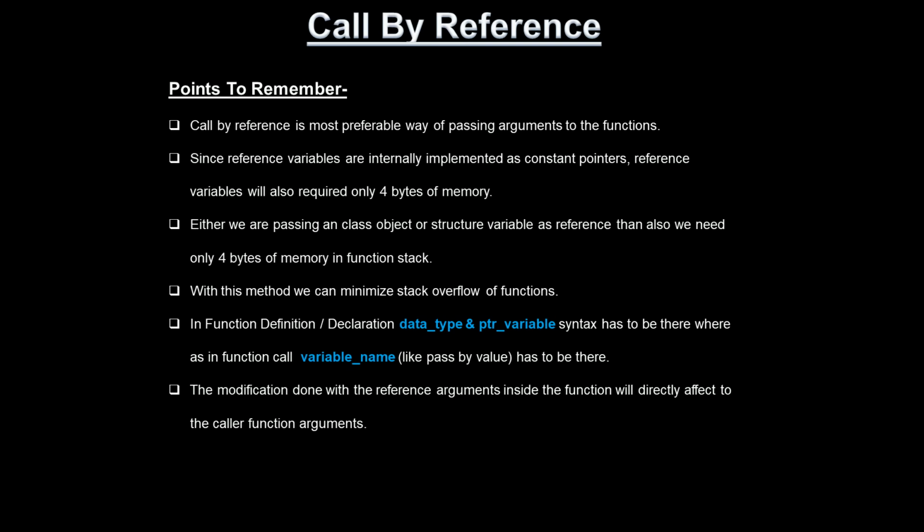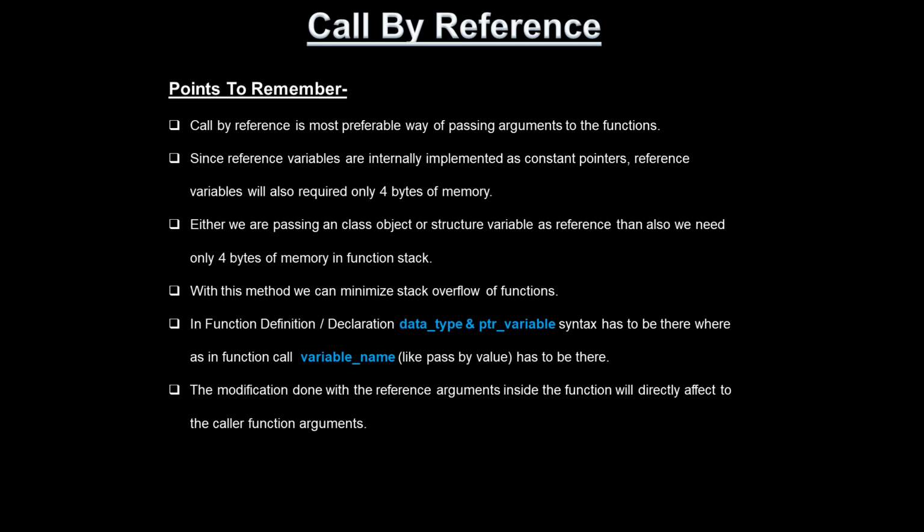They use only reference variables. Internally these are implemented as constant pointers. Whatever the higher object oriented programming languages are, they need the support of C++. So the background for object oriented programming is C++.